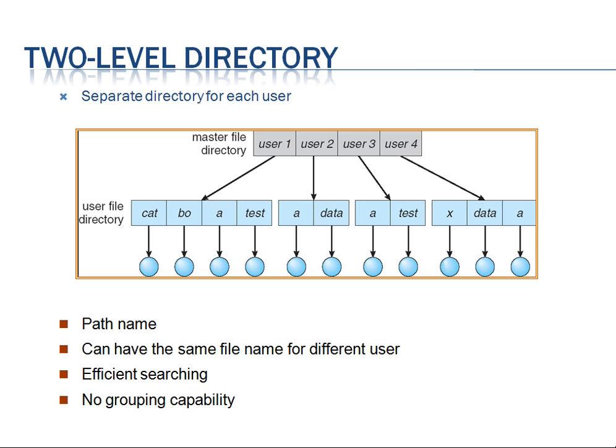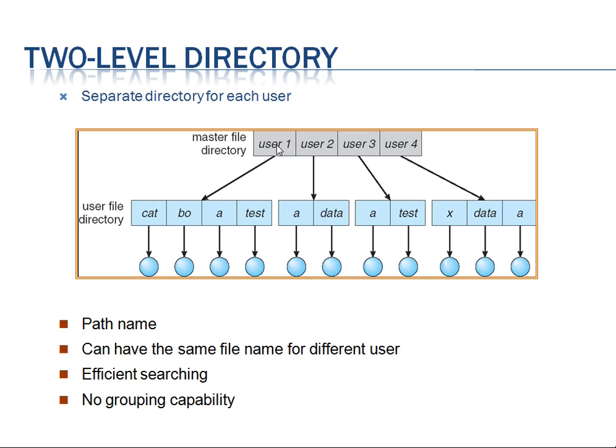Now to overcome this, we can go for a two-level directory structure. This has a separate directory for each user. According to user, a master directory is made for the users, user 1, user 2, user 3, and so on, and then you have user file directories and then the actual file. So here you have a two-level directory structure, where the path name is essential.